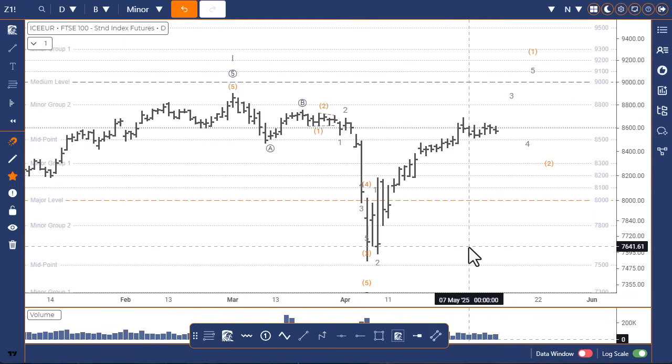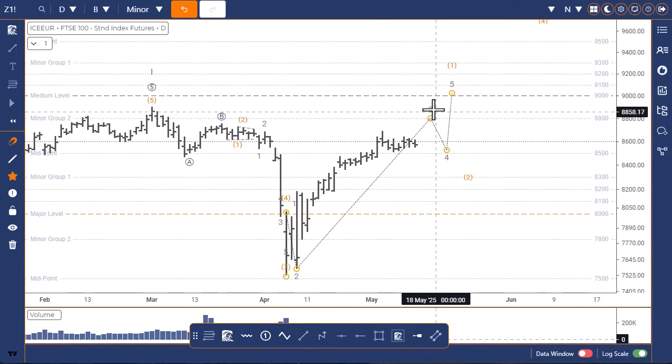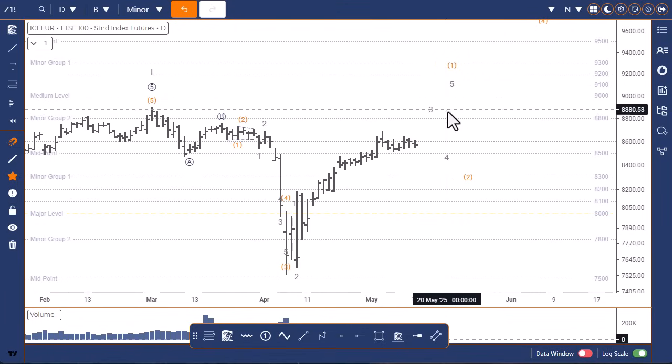And what we can expect is a lot of choppy volatility in that 8,500 to pretty much 8650, 8800 range there. I think the best way to look at it is to understand that we still need to move up for wave 3, then we need wave 4, and then we need wave 5 here.